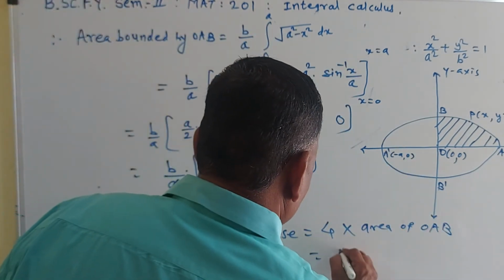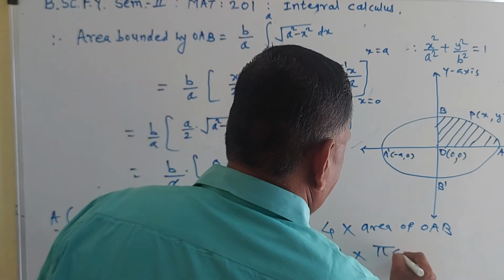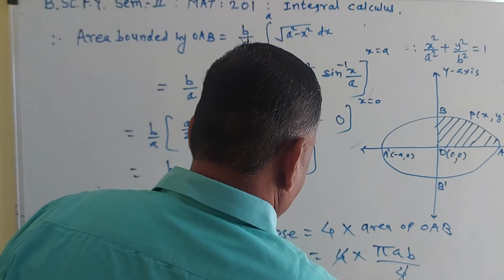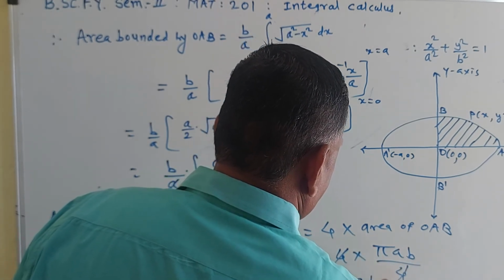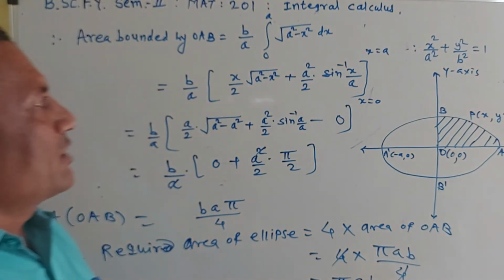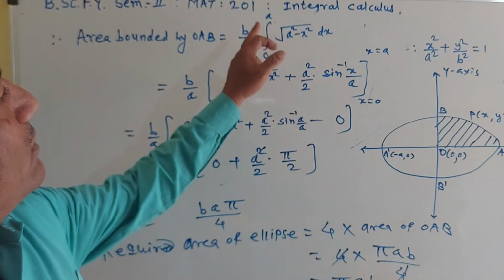So it is equal to 4 into pi ab upon 4, the 4s cancel. Therefore, it is equal to pi into a into b. Therefore, the required area of the ellipse is pi ab.